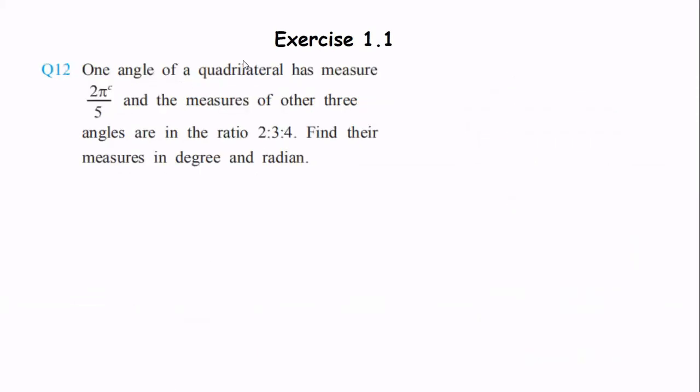Question 12. One angle of a quadrilateral has measure 2 pi by 5 radian, and the measures of the other 3 angles are in the ratio 2:3:4. Find their measures in degree and radian. Let's draw a rough quadrilateral.